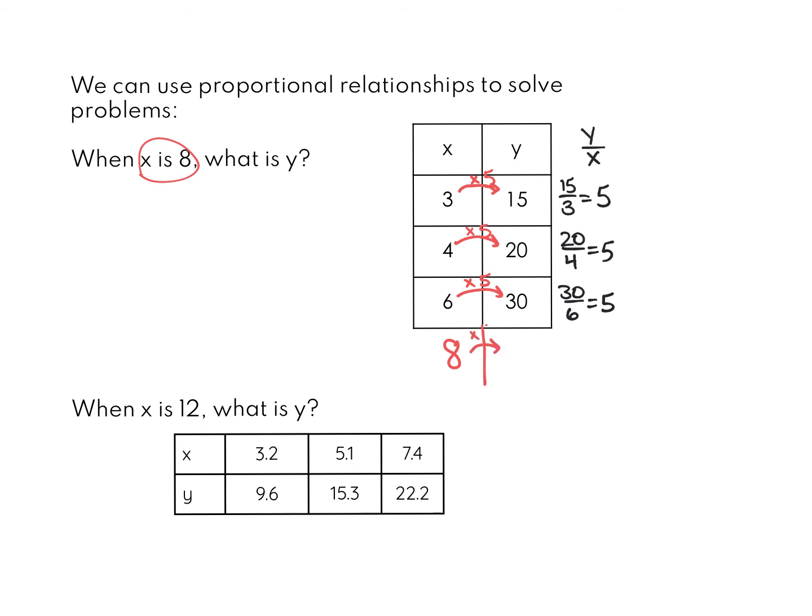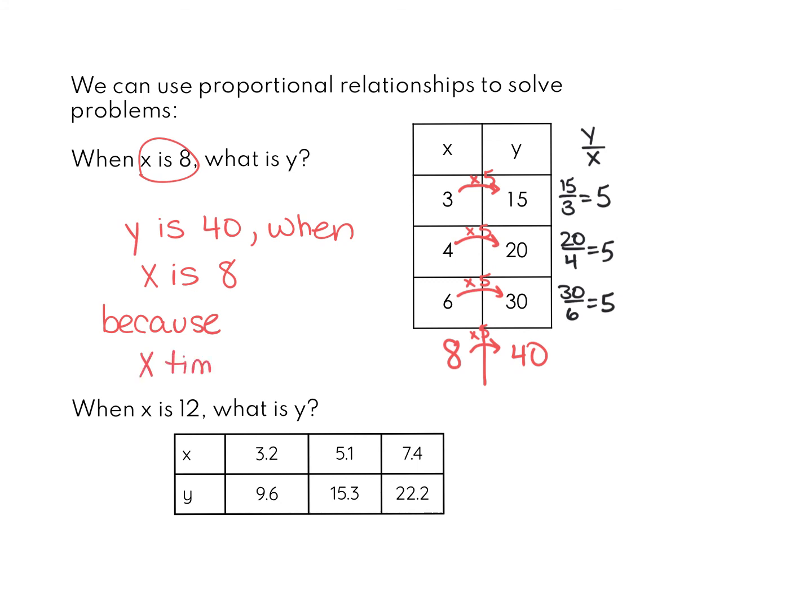Well, using the same pattern, we're going to multiply it by 5, and we're going to get 40. So y is 40 when x is 8, because x times, in this case, 5, this constant of proportionality, is going to give us y.